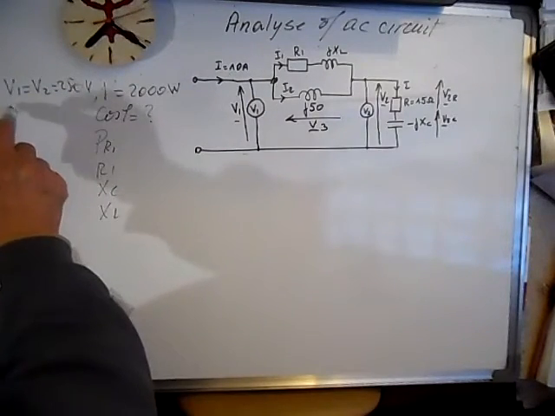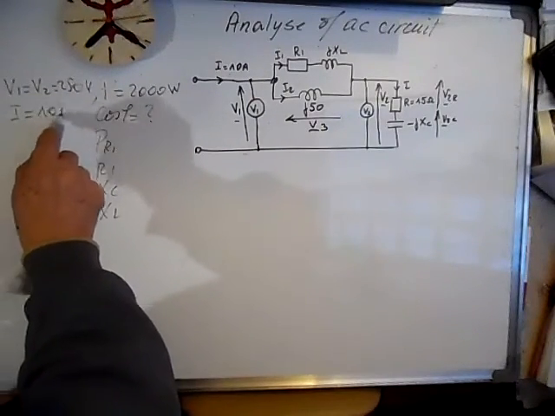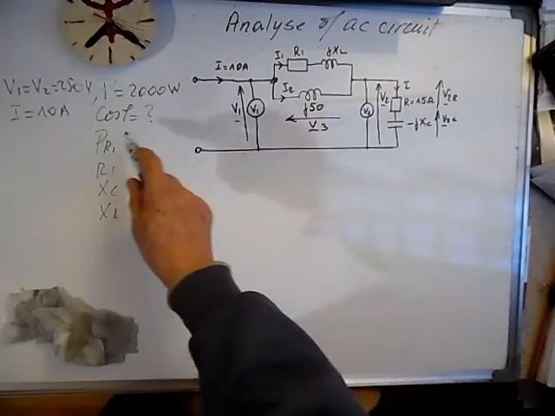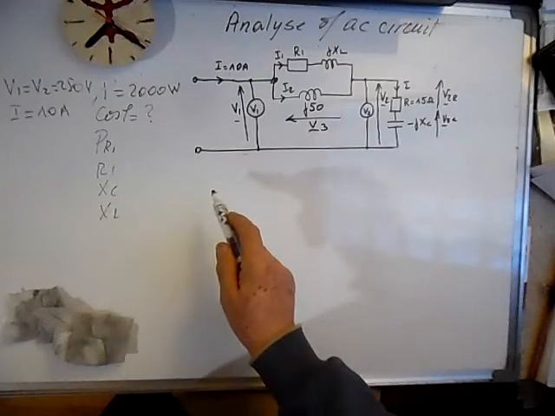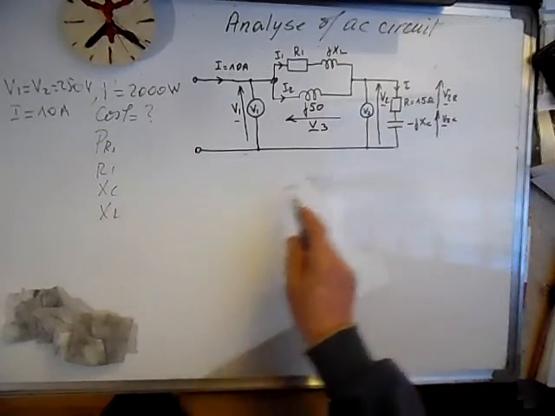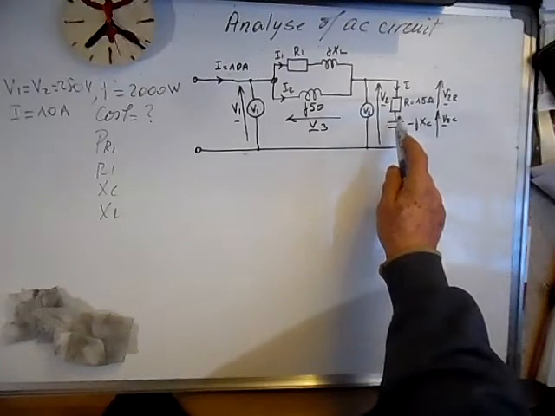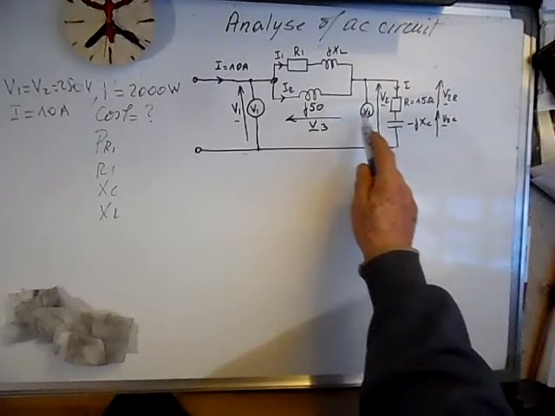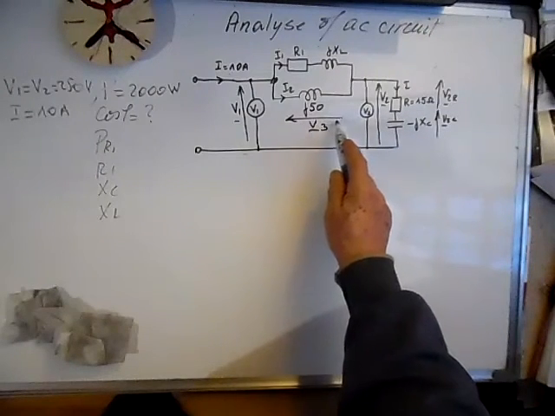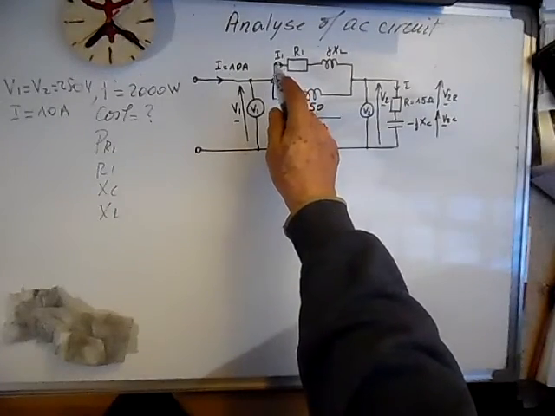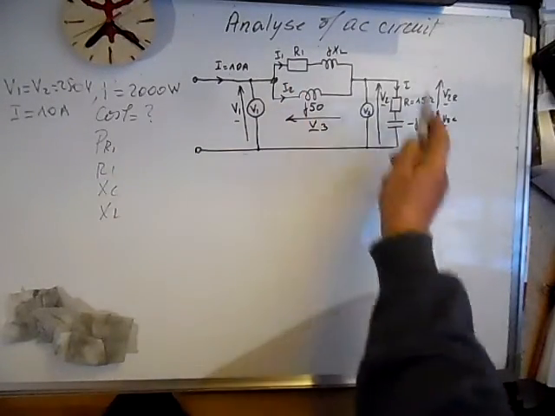This circuit draws a current of 10 amps, so we can calculate cosine phi, sine phi, and then we can write I in complex form, and then we can calculate V2, and when we have V2 we can calculate V3. From V3 we can calculate I2, I1, PR1 and the rest.